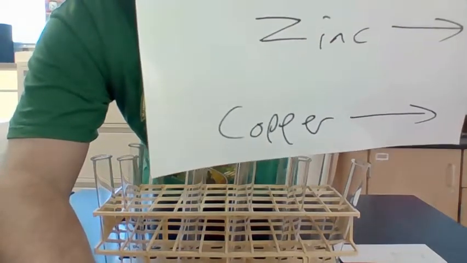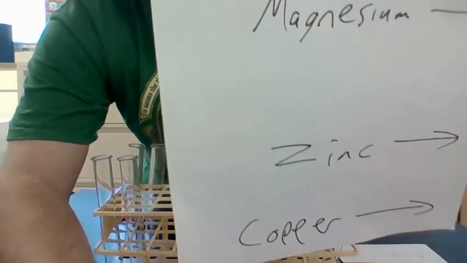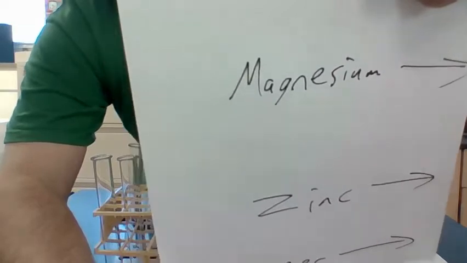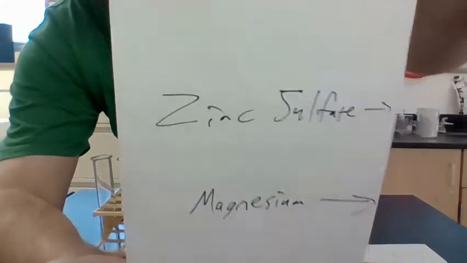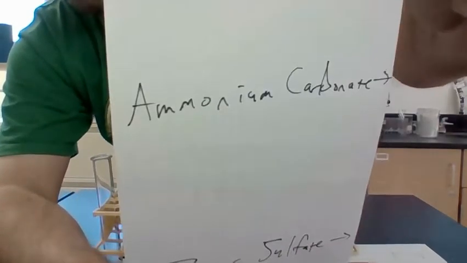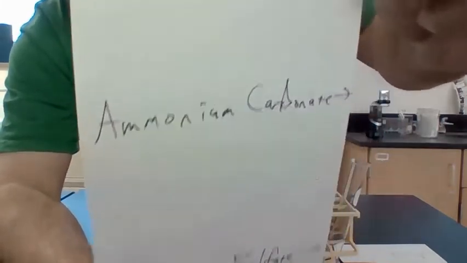So the first test tube is going to get copper, the second one is going to get zinc, the third one is going to get magnesium, the next one is going to get zinc sulfate, the next one is going to get ammonium carbonate, and the last one will get calcium chloride.